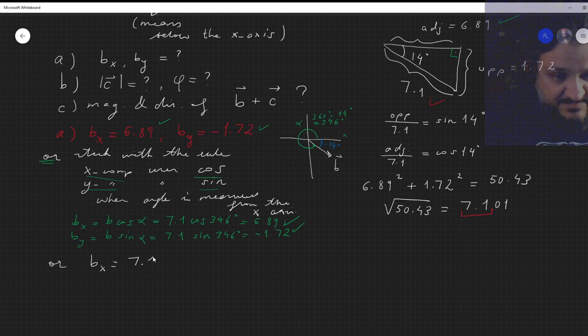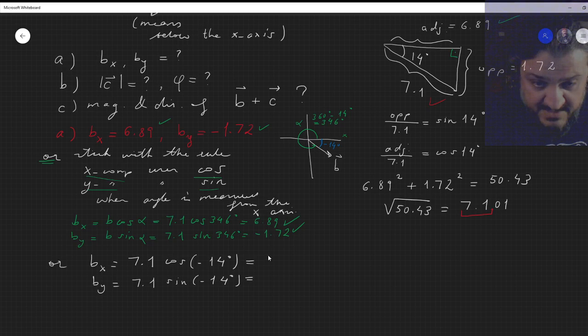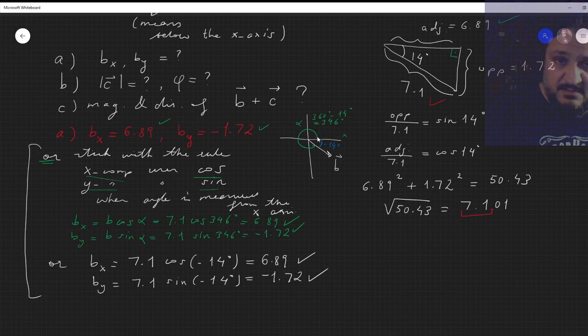Bx is equal to 7.1 cosine of negative 14 degrees, and By is equal to 7.1 times sine of negative 14 degrees, and check it with your calculator, okay? 7.1 cosine negative 14, 6.89 as you expected, and 7.1 times sine negative 14, that is negative 1.72.